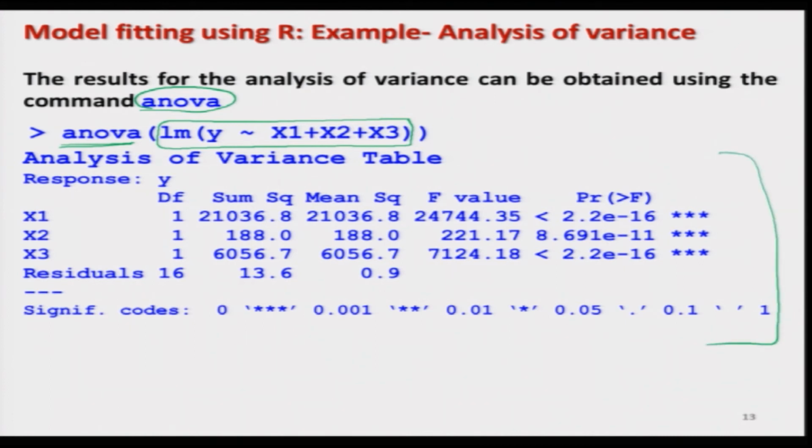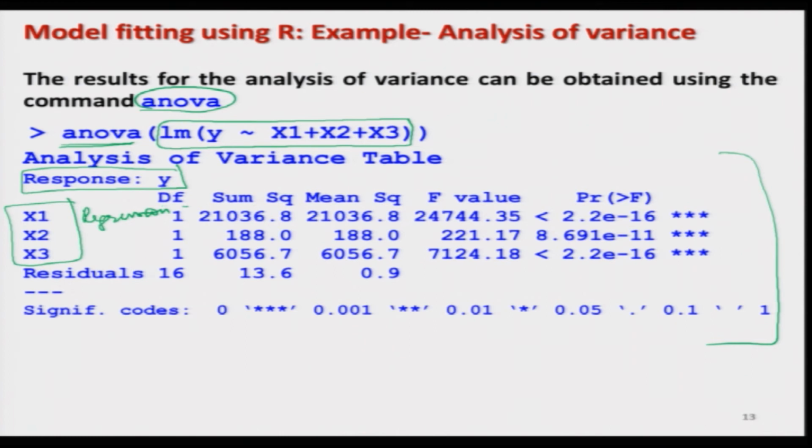Right. So, you can see here it gives you the response, which is here Y, and then the sum of square due to regression, which is contained here. This has been further partitioned because there are 3 explanatory variables.